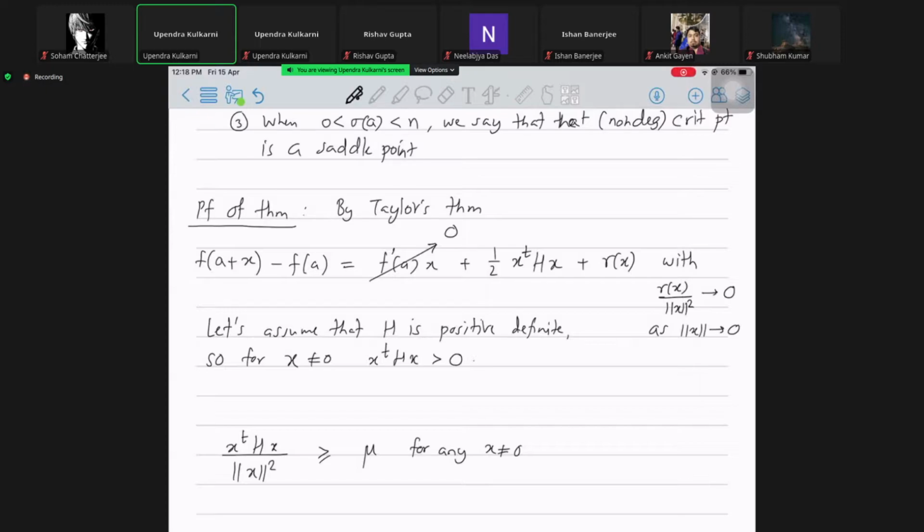So x goes to x transpose hx is continuous. It's going to be a quadratic function, right? If I just write everything in terms of coordinates, this h is just a matrix of constants.